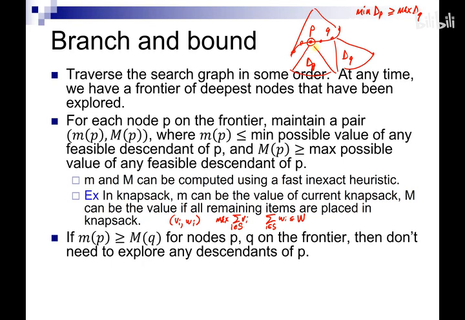So that means that any of these descendants of P are all worse than any descendant of Q, because even the cheapest one among the P descendants is going to be larger than the maximum descendant among these Q descendants.